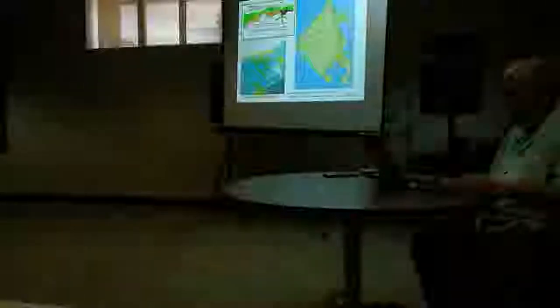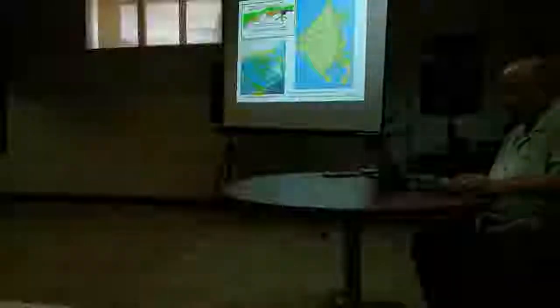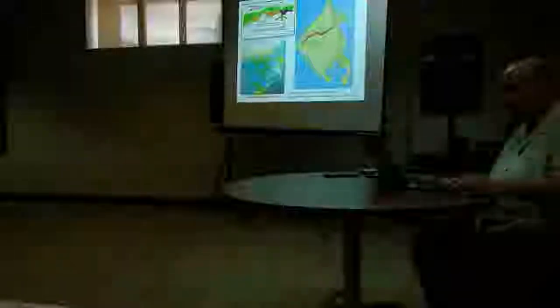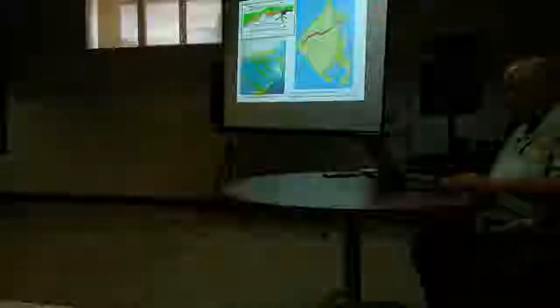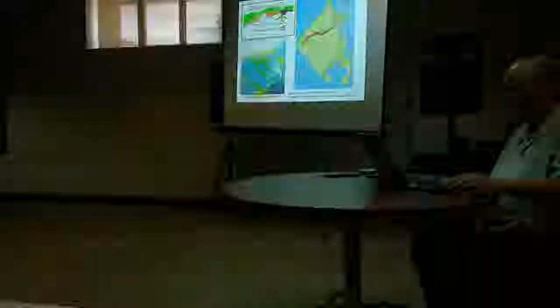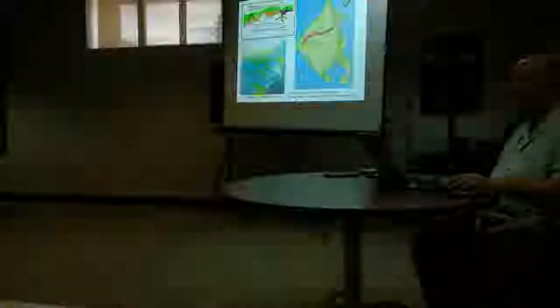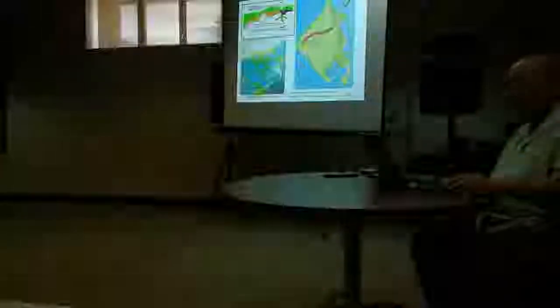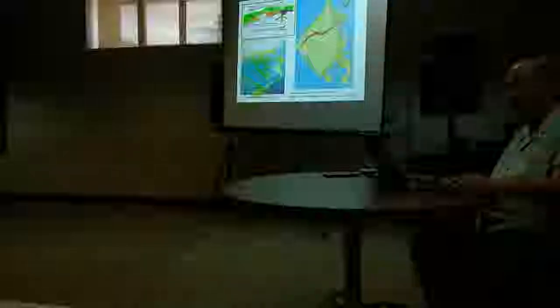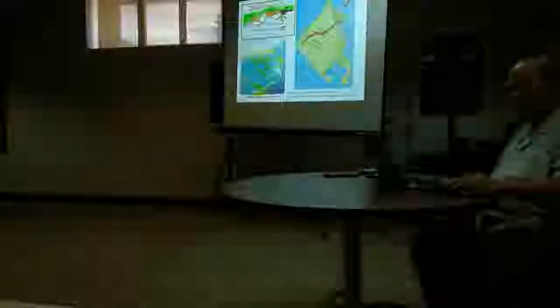So the key characteristic of a wave-dominated delta like this one is that the river will bring down sediment. Let's say this branch of the river will bring sediment down to the mouth of the river, and you've got waves in this sort of orientation, almost parallel to the shoreline. So when you bring the sand down here in that river, it gets dispersed along the shoreline.